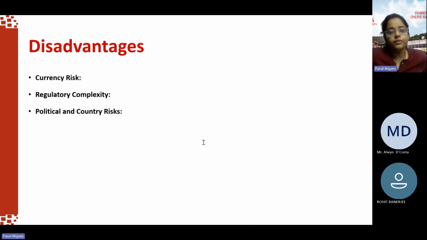Then risk of over leveraging and debt dependence. Easy access to foreign funds may encourage excessive borrowing, increasing debt levels. Companies may struggle to generate enough revenue to meet foreign debt obligations. Fine.